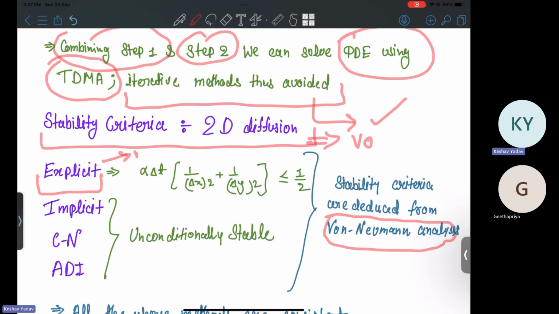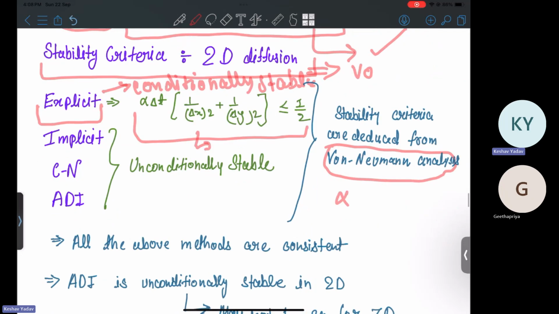This is the condition for stability that you get from the von Neumann stability analysis. In the 1D case, we got del t upon 2 delta x square.